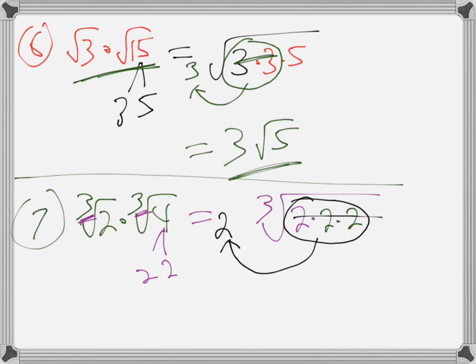Nothing. I think this is the first time we've had nothing else in there, not another 7 or 5 or whatever. So the entire root, meaning this whole thing, poof, gone. The hook number, that's part of the root, that's gone. So the answer is just 2. Plain 2 in the front.